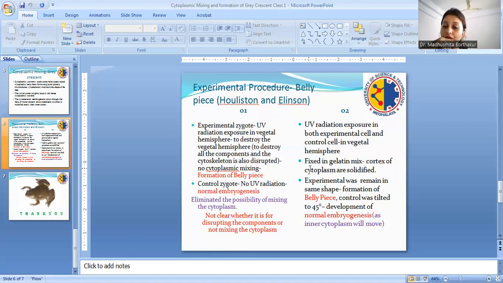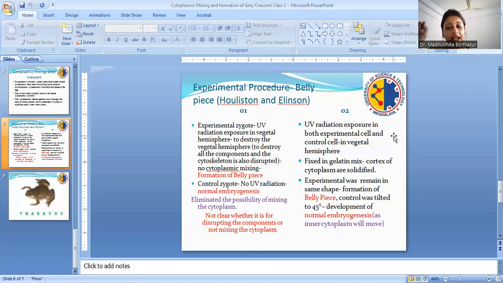When they tilted, the inner cytoplasm moved from the animal hemisphere to the vegetal hemisphere on one side, and from the vegetal hemisphere to the animal hemisphere on the other side.